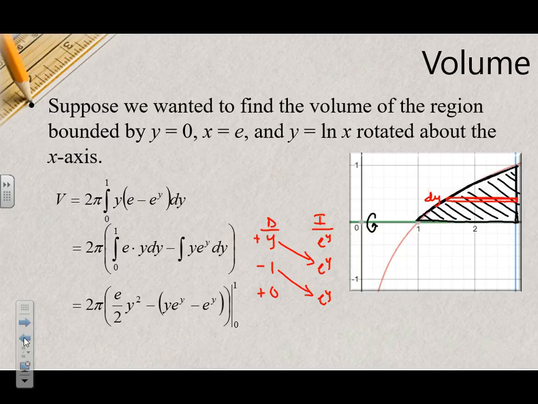So we'd have minus y e to the y minus e to the y. And then from here, you can simplify this down, but then you'd evaluate from 0 to 1. The only difference on this type of problem with the definite integral is that once you get to your integration by parts, you're going to integrate by parts first, and then put those bounds back in and evaluate.